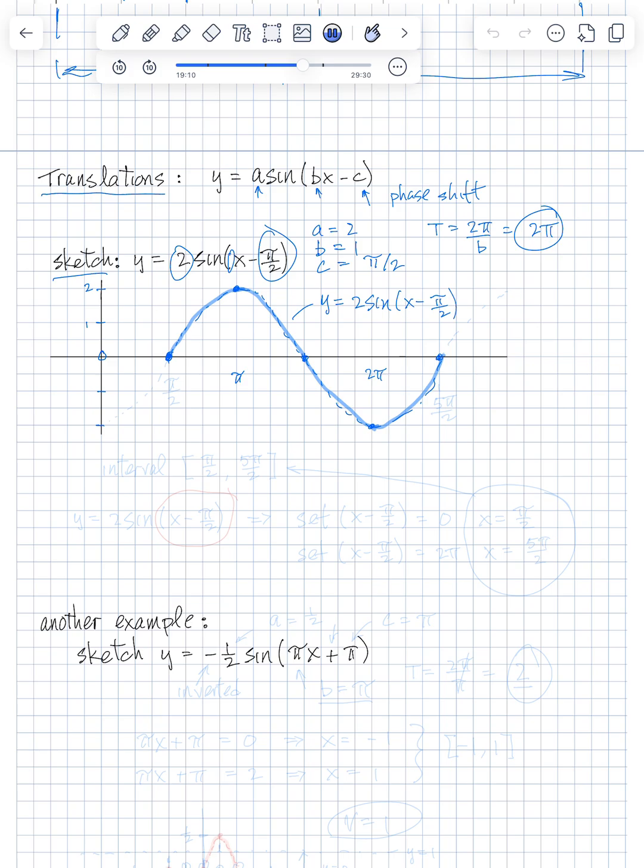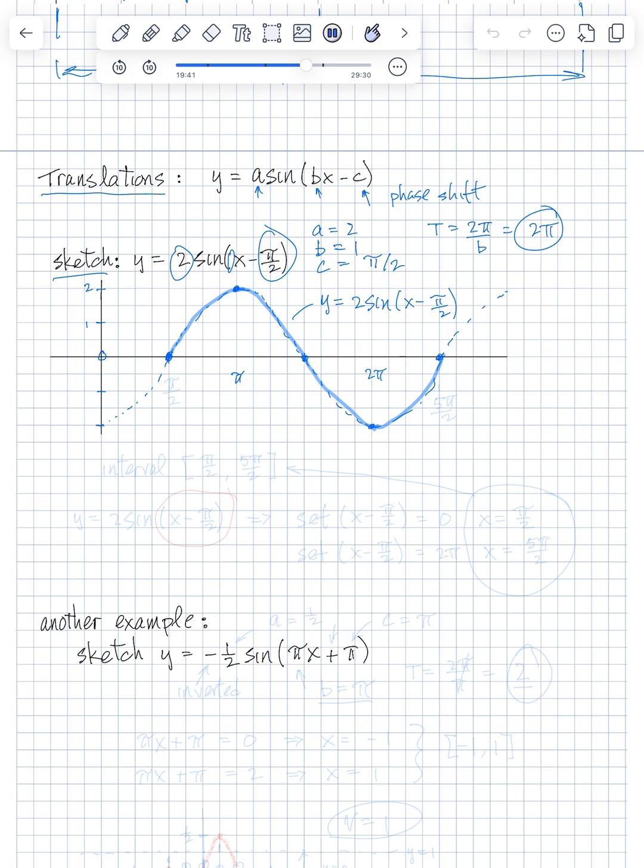Now, if we wanted to draw more than one period, we could just continue the graph here, and then we could go up to this point here. But usually you only need to draw one period, maybe a little bit on either end of one period would help. The thing I didn't mention, let me mention it now.